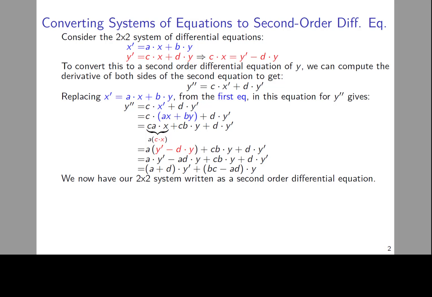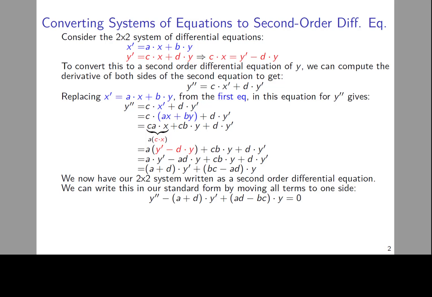And we now have our 2x2 system written as a second-order differential equation for y. And we can write this second-order differential equation in our standard form by moving all terms to one side to get y double prime minus a plus d times y prime plus ad minus bc times y equals 0.